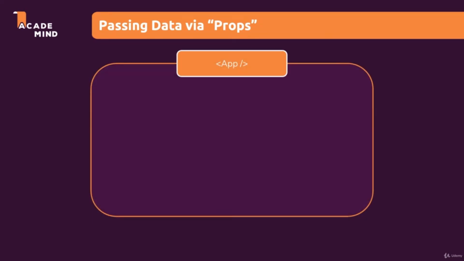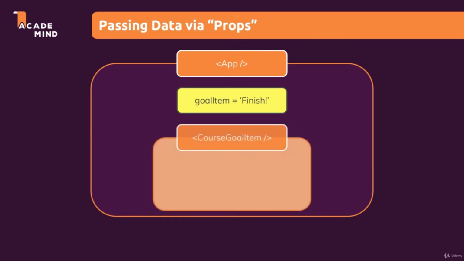Let's say in your app component, you have a goal item variable or constant defined, which holds a string of finish. And then let's say you have a custom component, the course goal item component, which has a list item inside of it, where this goal item should be output. That's just another example, not the code we've been working on, but it's another example.